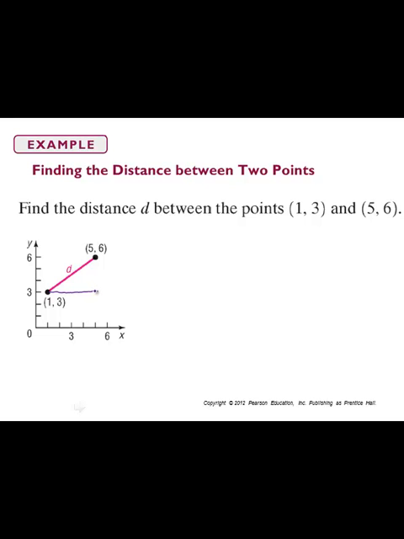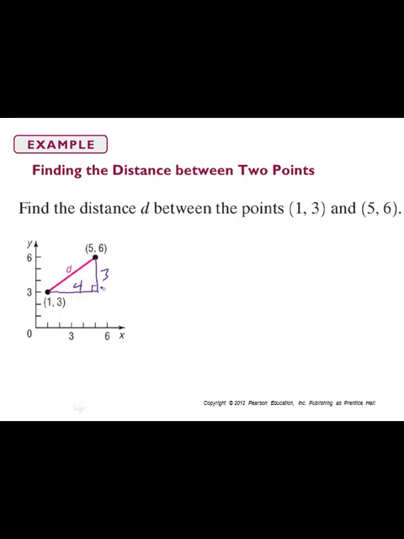And this horizontal line segment represents the horizontal distance between the 2 points, meaning the difference between the x coordinates 5 and 1, as in 5 minus 1 is 4. So 4 is the length of that horizontal distance. And likewise, the vertical distance would be the difference between the y coordinates. 6 minus 3 is 3.